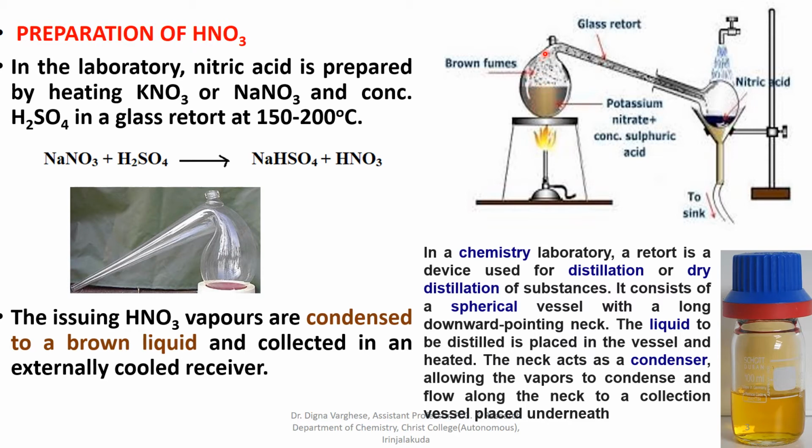The issuing nitric acid vapors, that are brown vapors or fumes, condense to a brown liquid that is collected in a collection vessel placed underneath, that is a cooled receiver. So we get nitric acid from potassium nitrate with concentrated sulfuric acid.